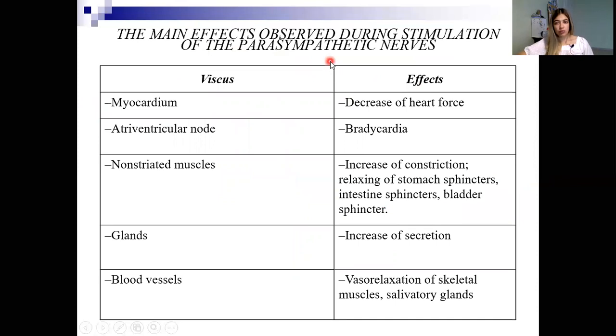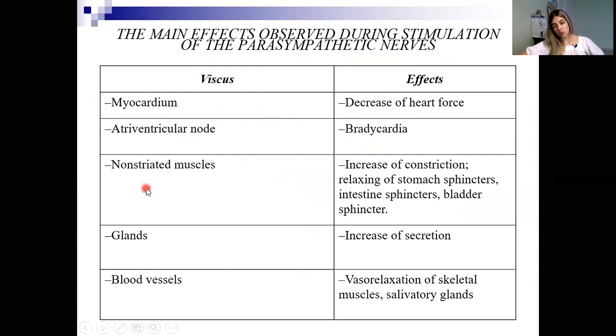Well, the main effects observed during stimulation of the parasympathetic nerves are here. We have already discussed them: in myocardium it will be decrease of heart force, in the atrioventricular node it will be bradycardia, yes, fewer contractions in a minute.